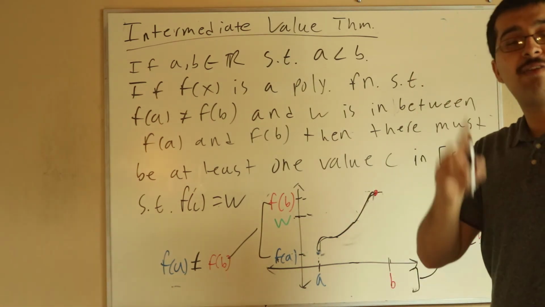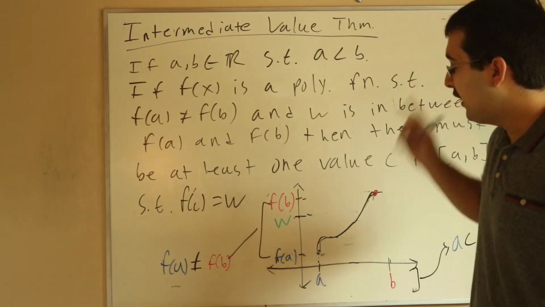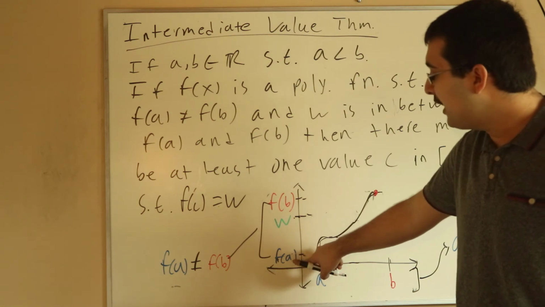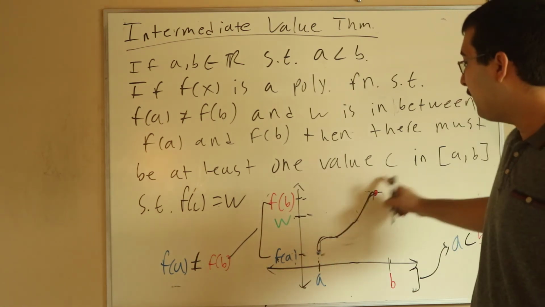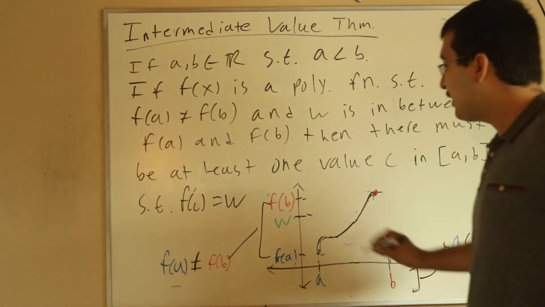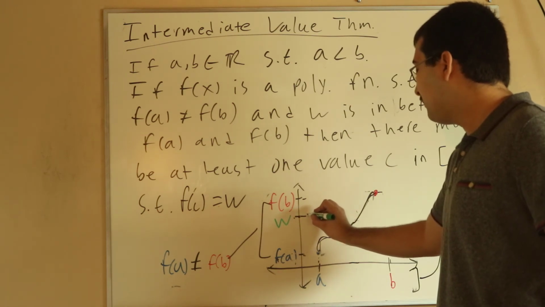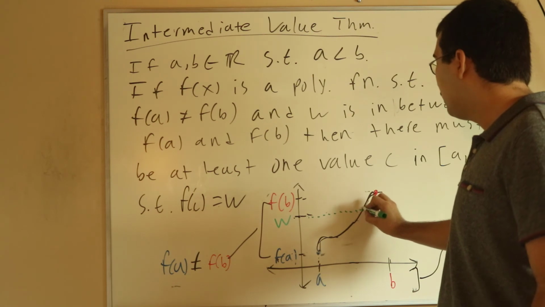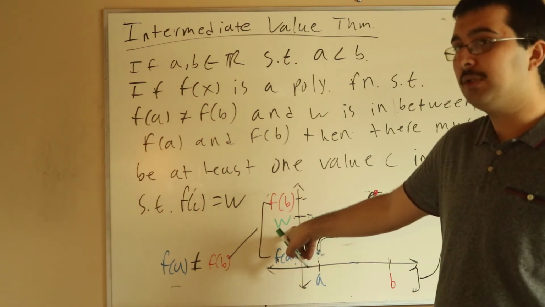And regardless of how they connect, since we are continuous, and since we have this value w, and w lies between f of a and f of b, no matter how these points connect, at some point there will be a spot on the line where there exists a point that uses the value of w.